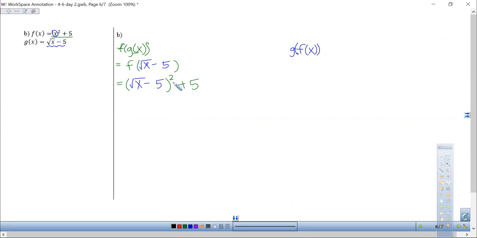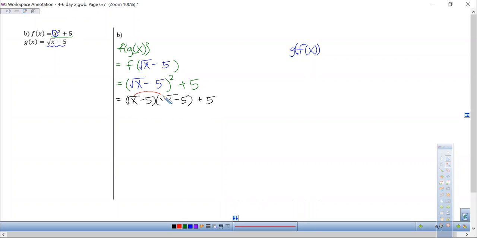I have a binomial squared. These don't just undo each other because the square root doesn't go all the way across. So I actually have to simplify. So that means that I have the square root of x minus 5 times itself plus 5 still. Okay, so the square root of x minus 5 squared is this expression. I'm going to have to distribute to find this value.